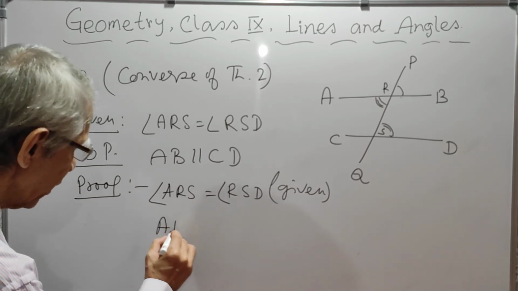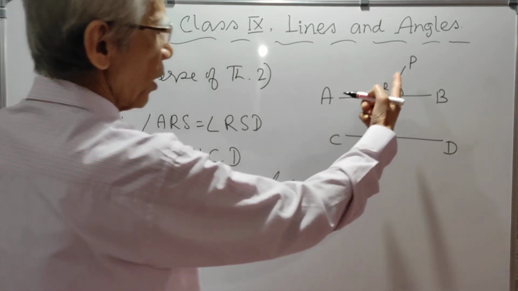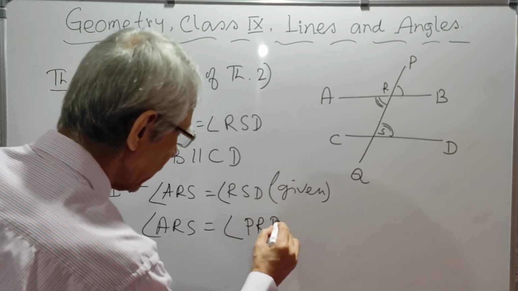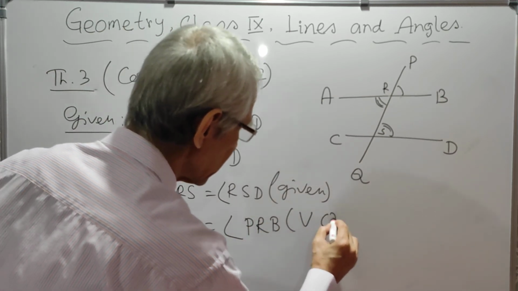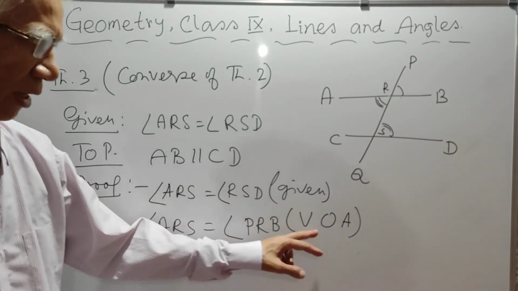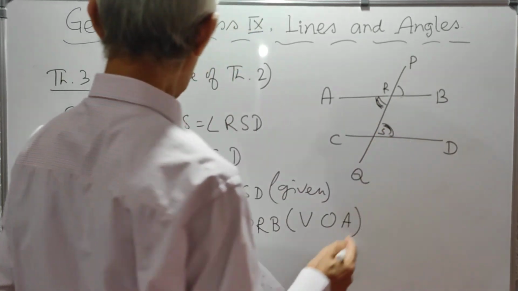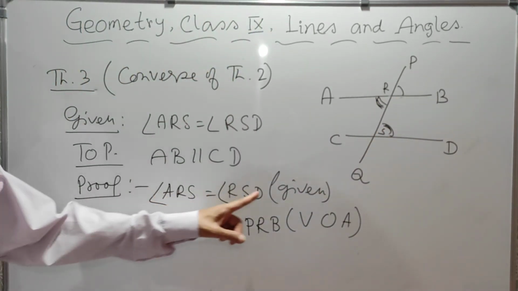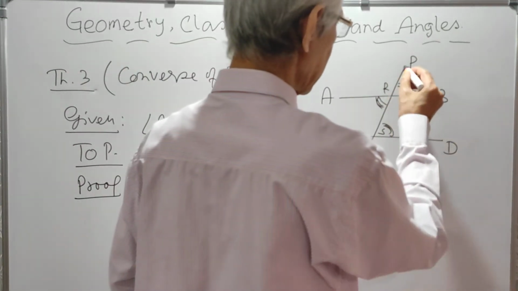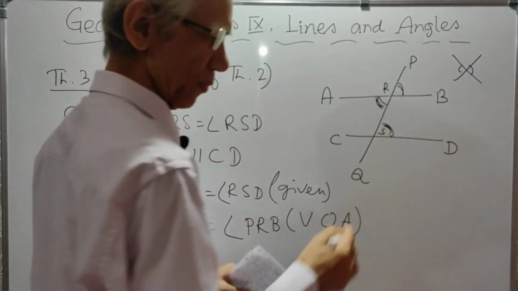ARS equal to what? PRB. Why? Because they are vertically opposite angles. In the exam you write vertically opposite angles fully, so I am writing briefly. So this equal to this was given, and this equal to this. Why? Because they are vertically opposite angles. Two lines intersect, vertically opposite angles are equal, isn't it?